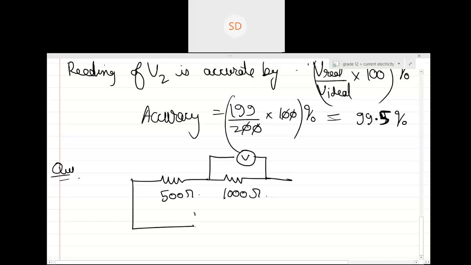This whole thing is connected to a 300 volt battery. Now the question is, in the circuit shown, the voltmeter is having a resistance of.